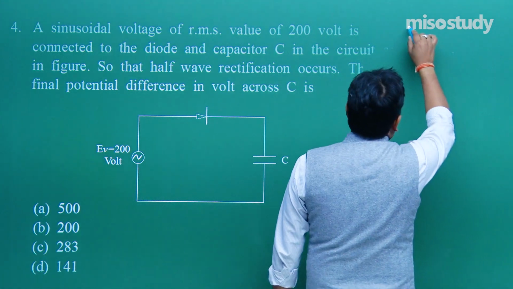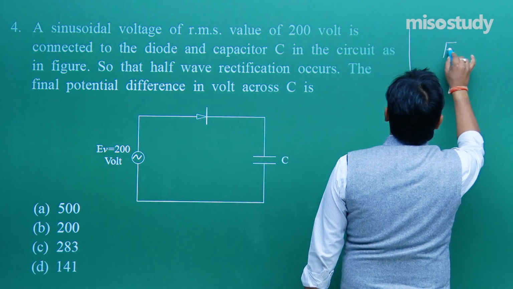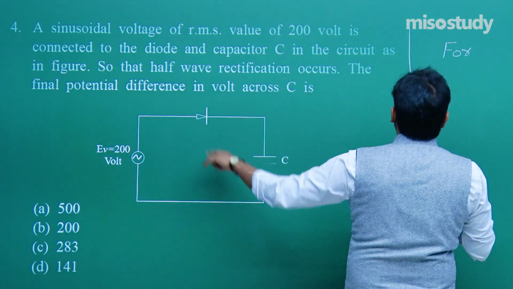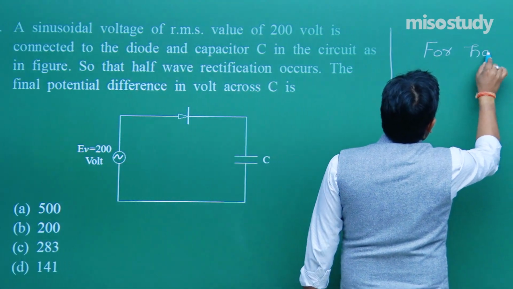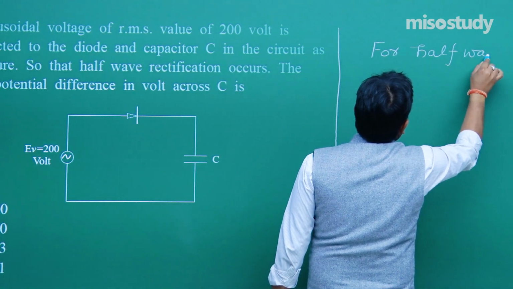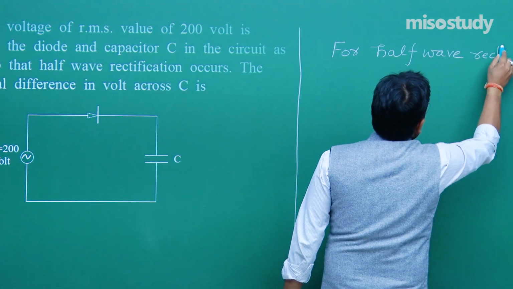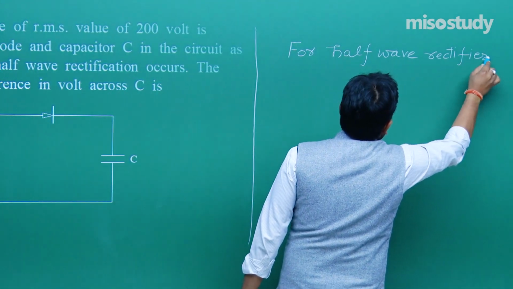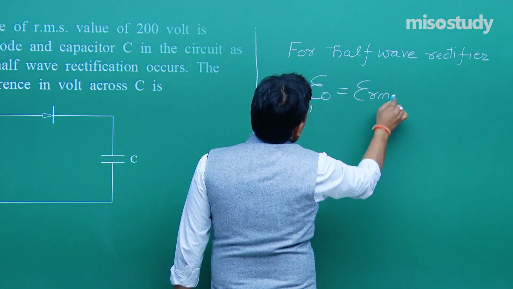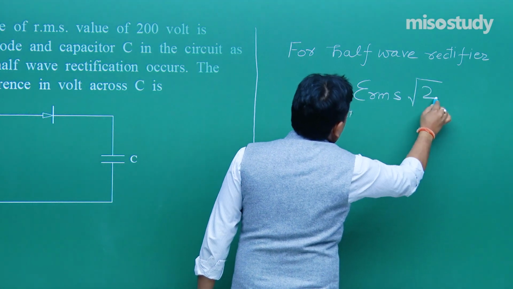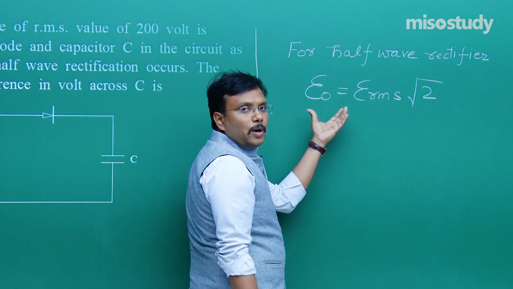For a half wave rectifier, since only one diode is present, E naught is equal to E RMS root 2. E RMS value is given, peak value you have to find out.